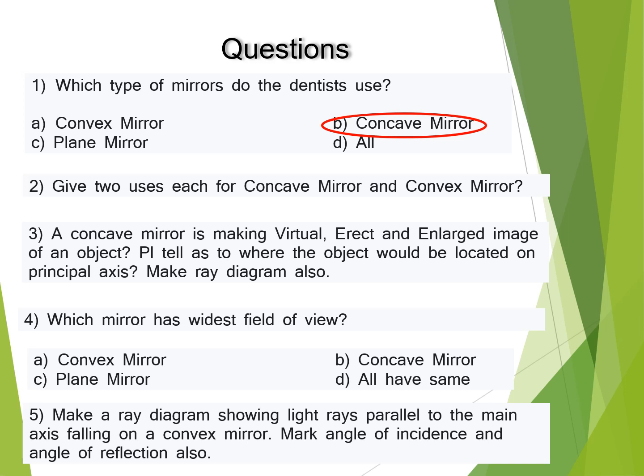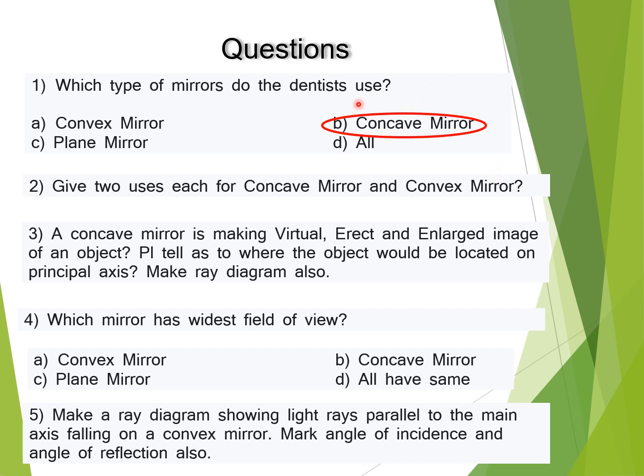The second usage can be for the road safety. If there is a blind turn, for example, one road is coming this side, one road is coming this side, and we put the convex mirror here at the corner, then this convex mirror will have the image of vehicle coming from here and also vehicle coming from here. So the vehicle coming from both the sides can see the convex mirror and know what is coming from the other side.